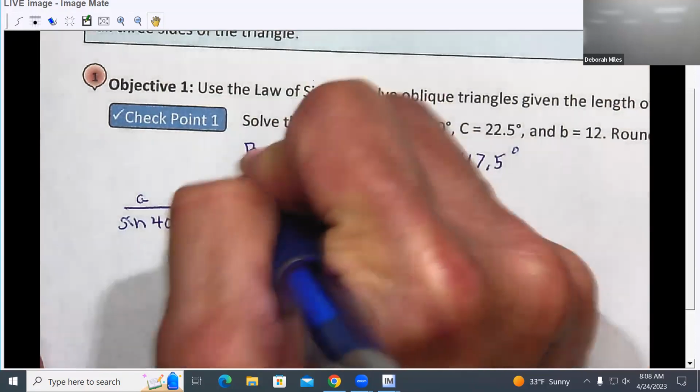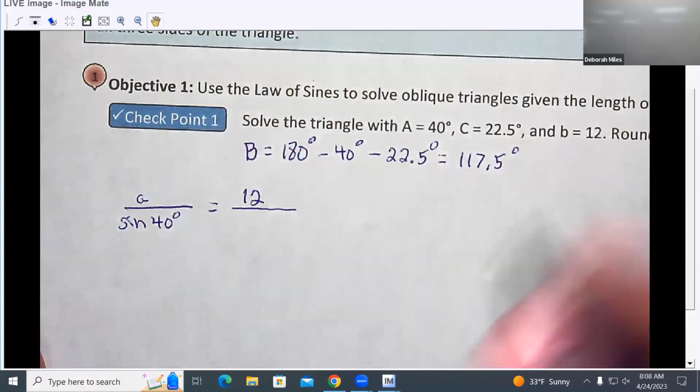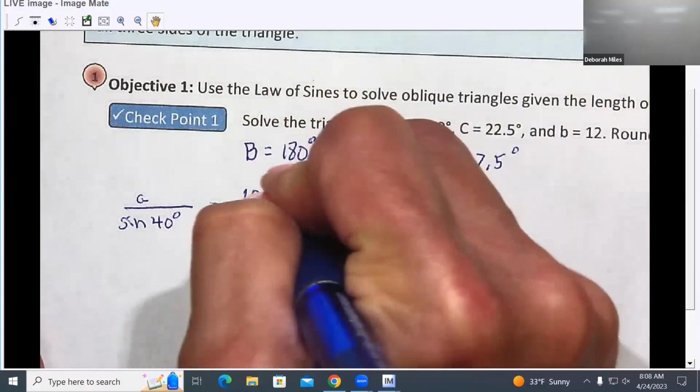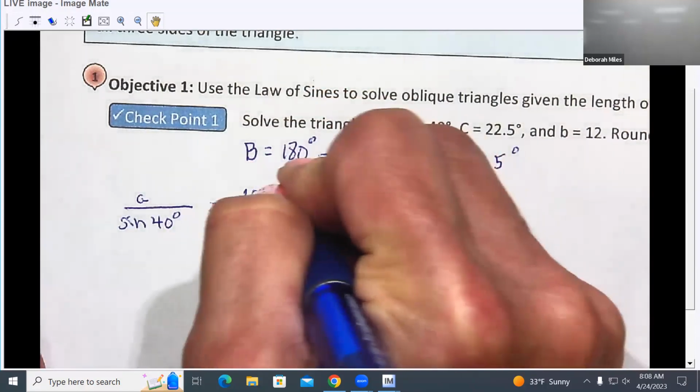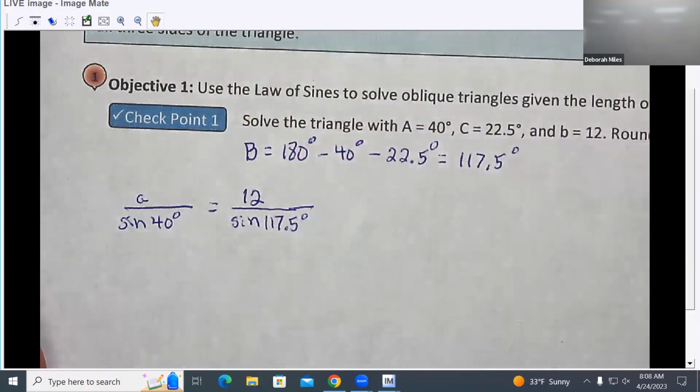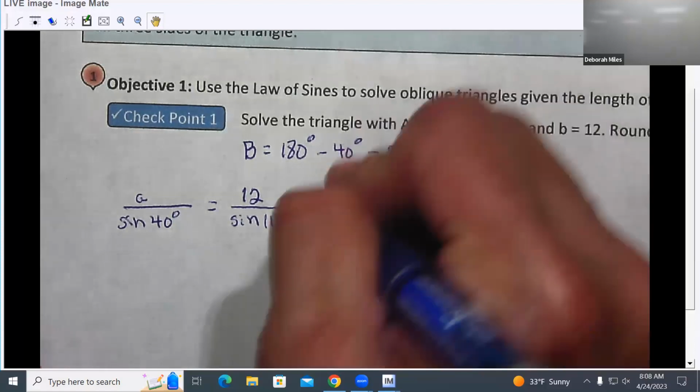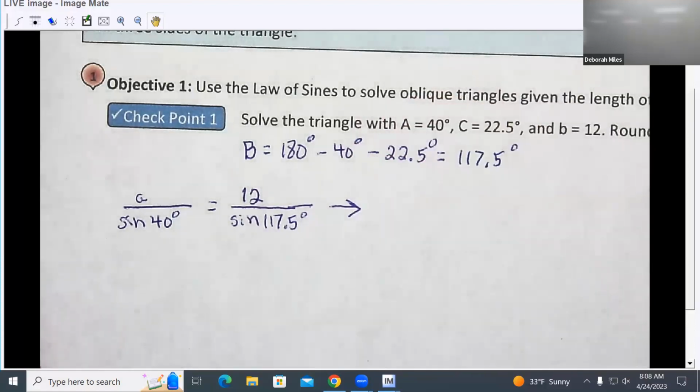Well, 12 over sine of 117.5 degrees. And the only thing you have to do to have the a by itself is what? Multiply by sine of 40 degrees.